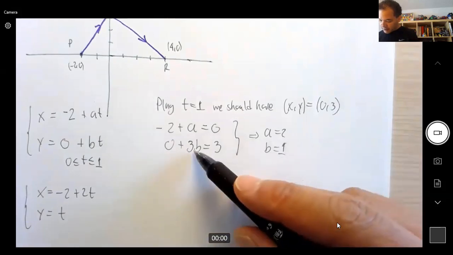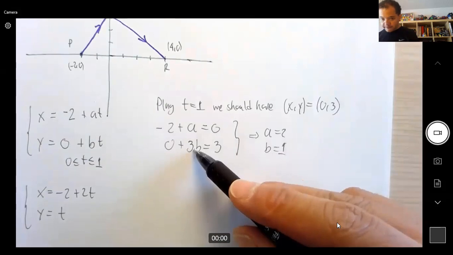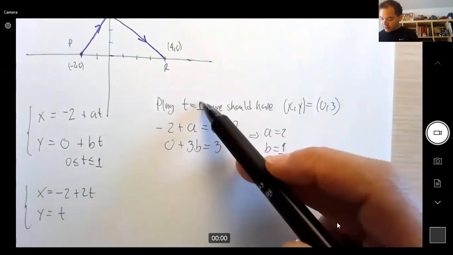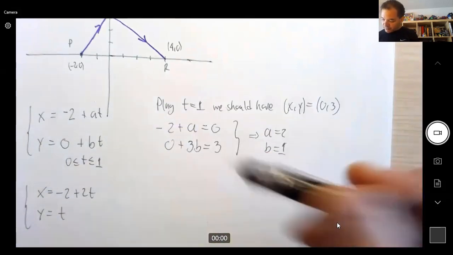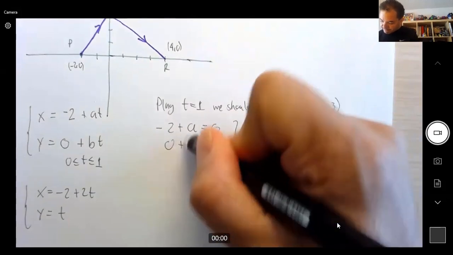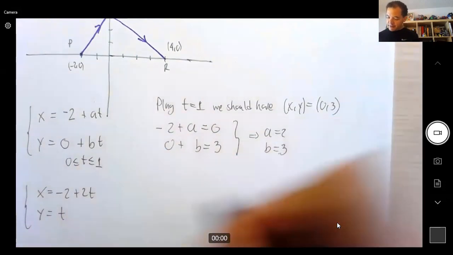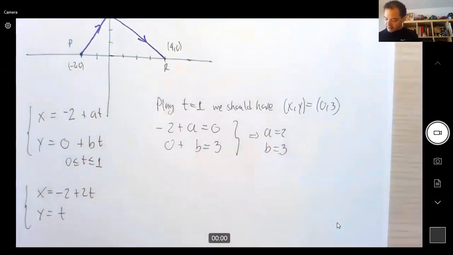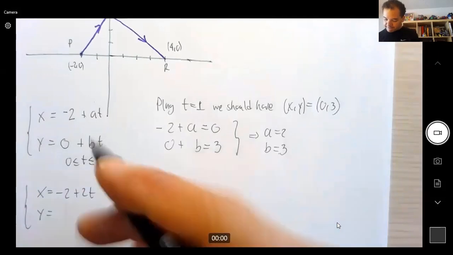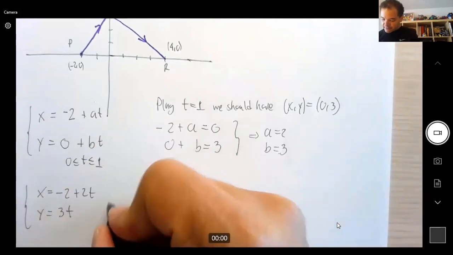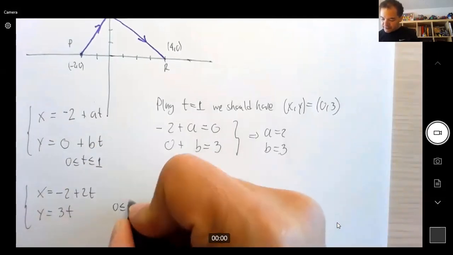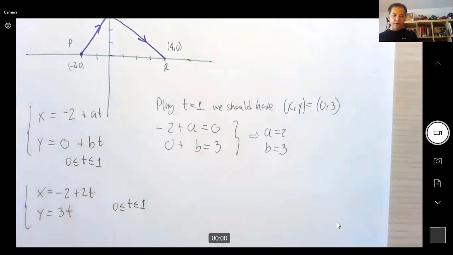Why did I put 3 here? And t equals 1. There's something wrong here, right? This should be just b. My bad. So this should be 3. So this is 3t. And this is 0 less than or equal to t less than or equal to 1. Okay? That's the first part.